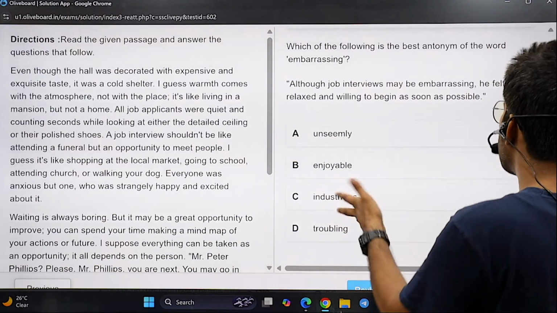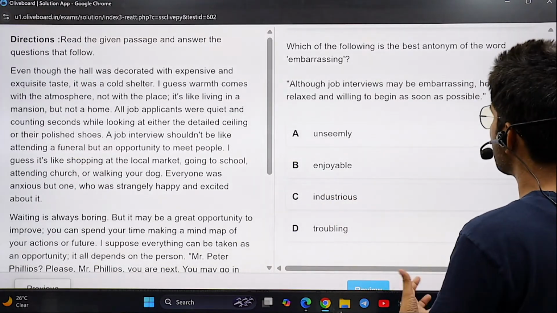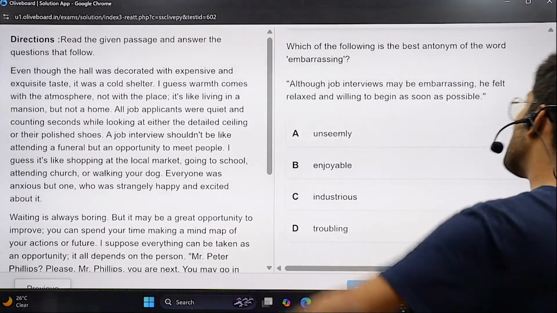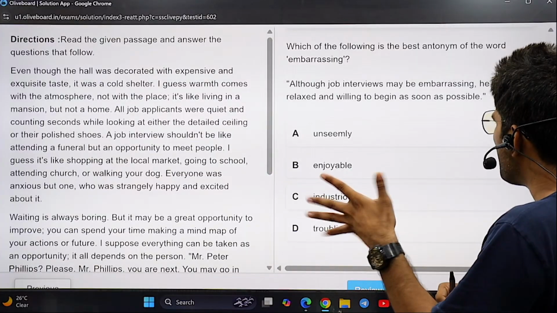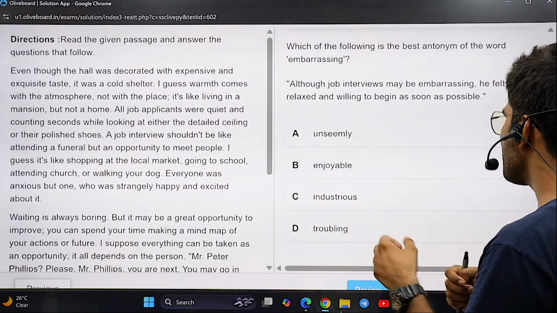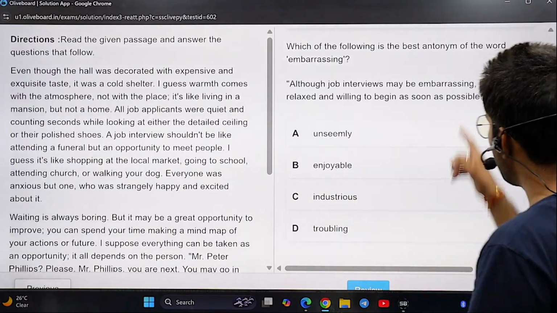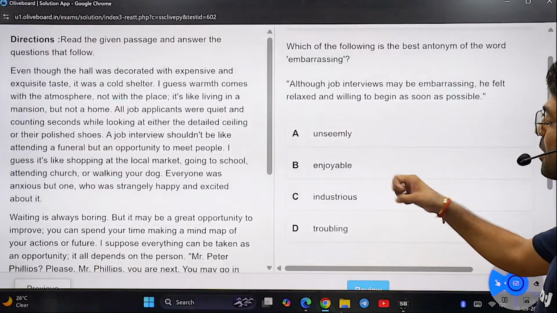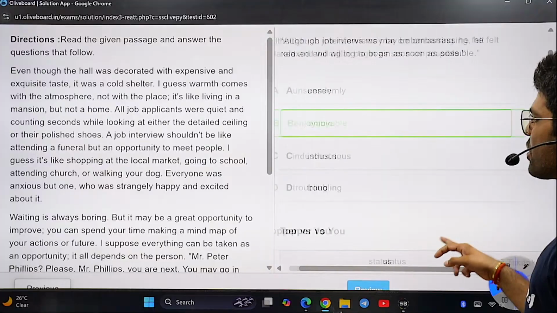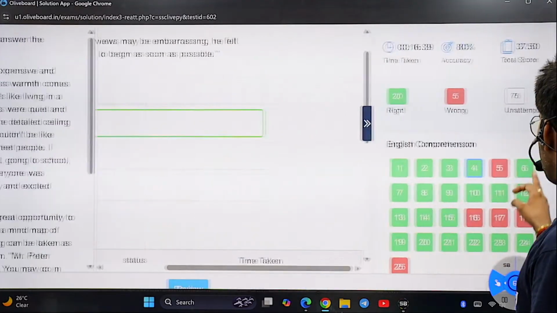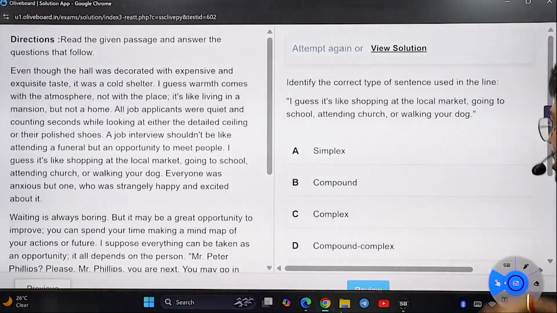Although interviews may be embarrassing, he felt relaxed. You have to mark the antonym of embarrassing. I would say relaxed from the options. Unseemly, industrious, hardworking, troubling will be synonym. Antonym, something which is relaxed, positive, enjoyable. Interviews are embarrassing, interviews are enjoyed. And the last but not the least one, synonym of relaxed.